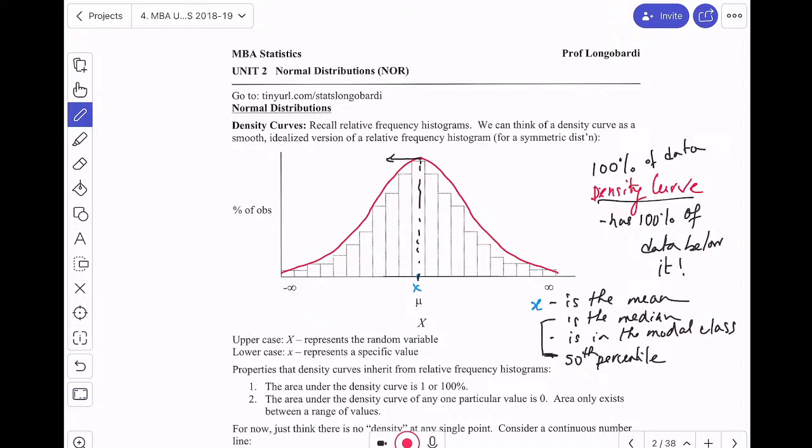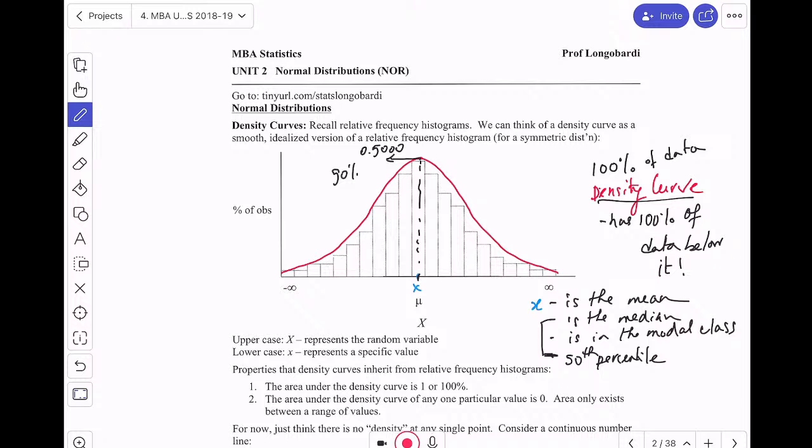What I can say is that 50% of the observations lie to the left of x, right? So the bars total 50% on the left of x, the blue x. So I could write that as 50, or 0.50, or however many zeros I want. It's 50%.